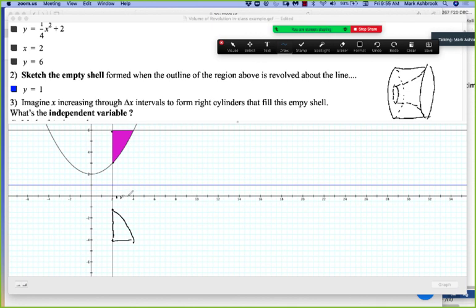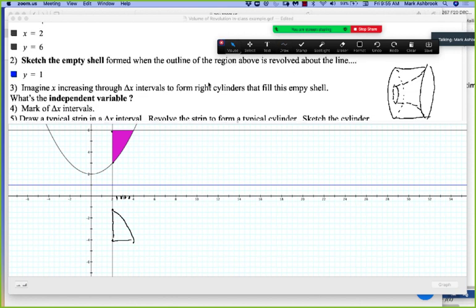X, right? So if we're going to create delta x intervals for this, like this, then x is going to increase through delta x intervals, creating these shells that are going to grow and fill up the shell, and we're going to accumulate the volume of these cylinders.